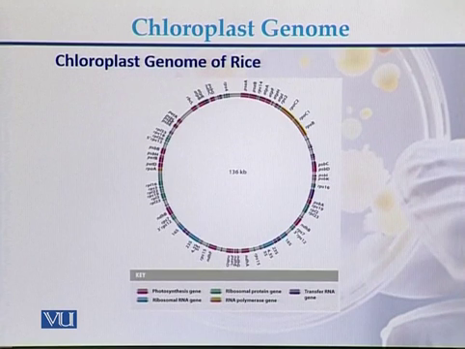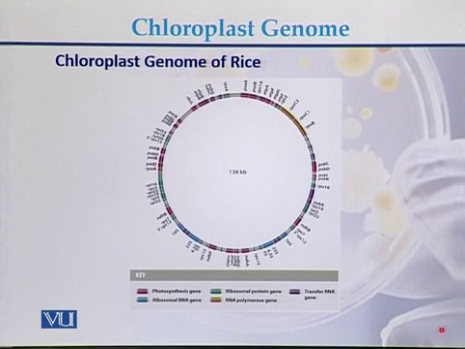This is a pictorial view of the chloroplast genome of rice. The chloroplast genome of rice is approximately 136 kb, and it consists of genes that code for photosynthesis genes. The genes are ribosomal protein genes, transfer RNA genes, ribosomal RNA genes, as well as RNA polymerase genes.